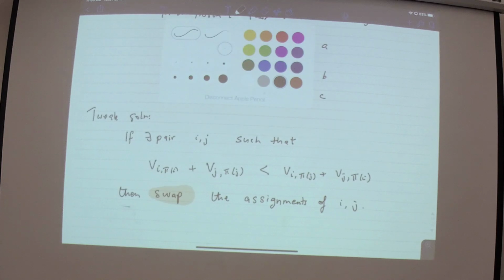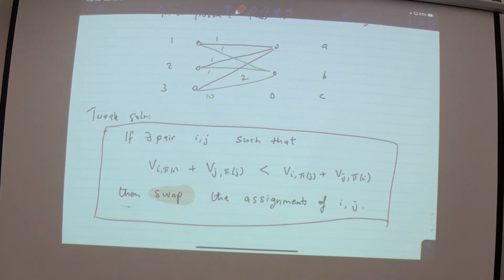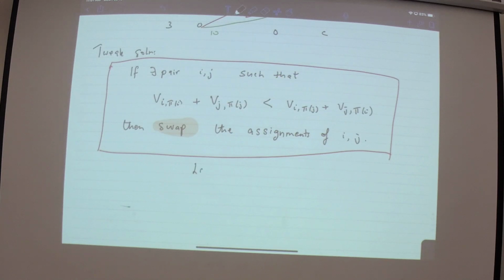This is what we call a local improvement. It's an improvement step because we're trying to make the solution look better.